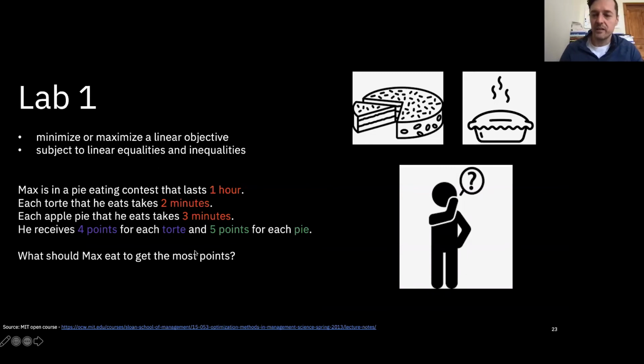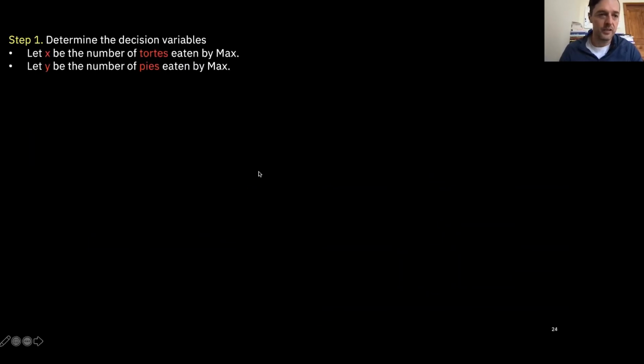However, we will just build a super simple model to show you how linear programming is working. So step one is we are creating decision variables. For this model, tortas are one variable and apple pies are the second variable. So this is like X and Y for us.